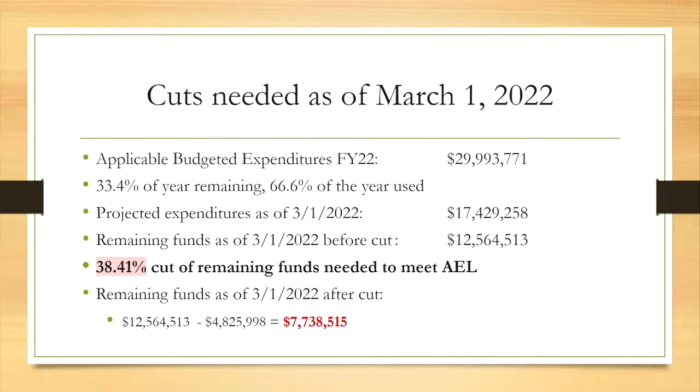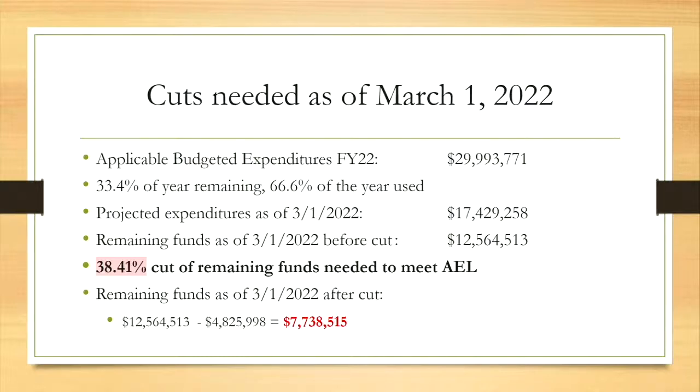And I estimate on March 1st, we will have spent 17.4 million of that 29, which means we have 12.5 million left of the 29 without a reduction, to make it all the way to June 30th. But we have to reduce that 12.5 by 4.8, which is a 38.4% reduction in our spending capacity.